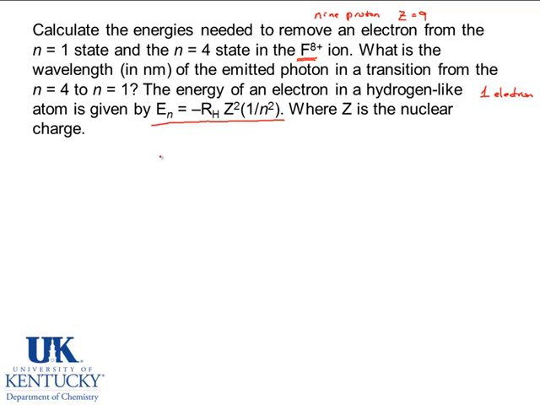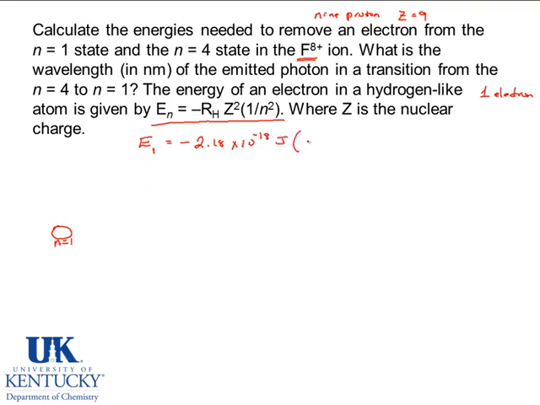Okay, so let us consider having an electron, and this electron is sitting in the n equals 1. And it's only one electron, and it's in its ground state. And let's determine the energy of that electron. Okay, and I'm going to put a little 1 here saying the electron is sitting in the n equals 1 state. It is going to be negative Rydberg constant, 2.18 times 10 to the minus 18 joules.